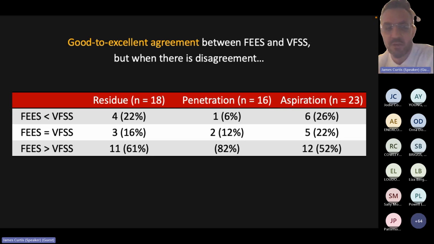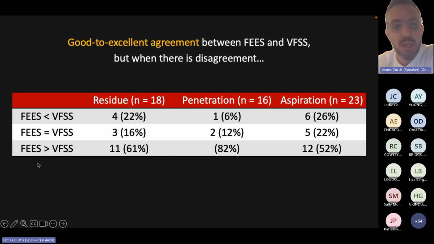But when there was disagreement, it looks as though FEES typically has the edge, despite some of its limitations like endoscopic whiteout. Despite some of the limitations that people always rightfully mention, FEES still tends to be more sensitive than fluoro. So on the plus column, we're looking at outcome measures related to differential residue, penetration and aspiration, and the number of studies that talked about them.